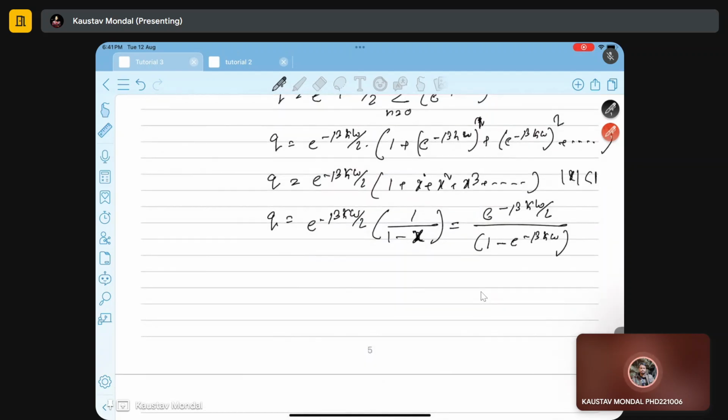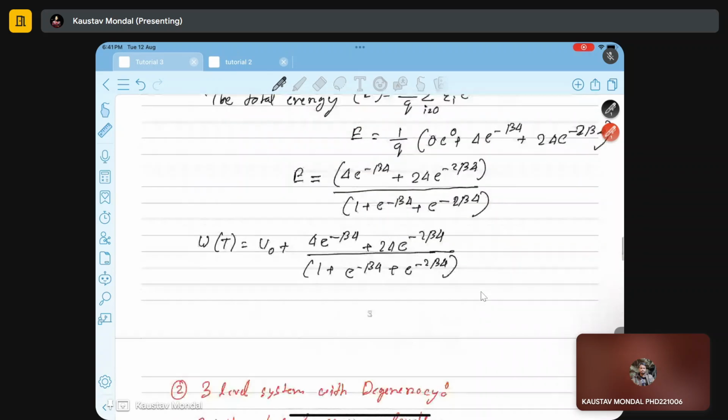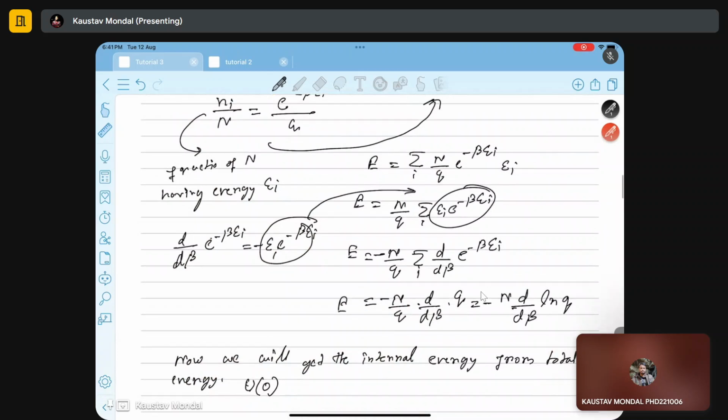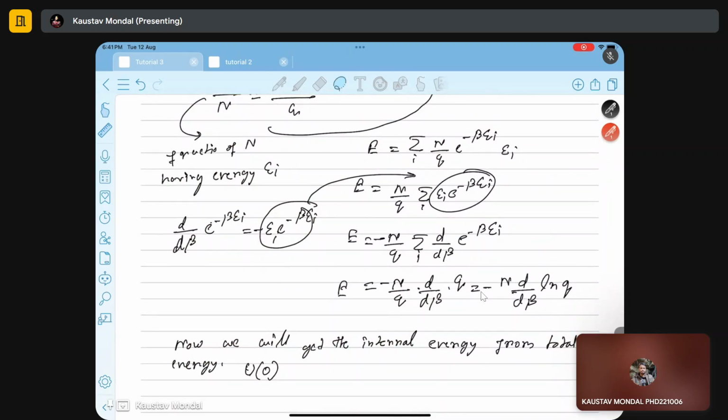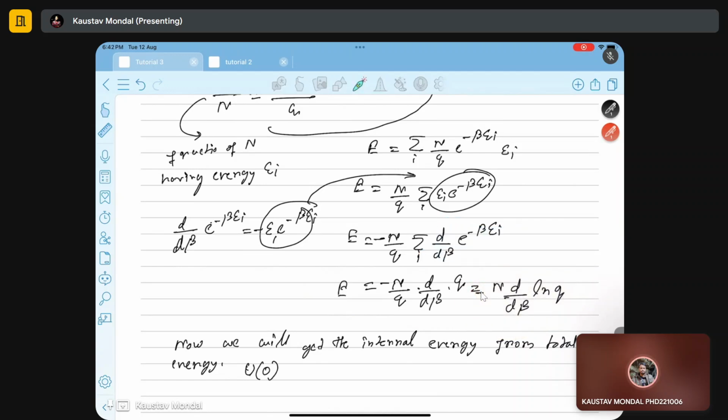As we got the partition function q in closed format, we can simply use the total energy expression which we previously derived in terms of a derivative with respect to beta. We have to compute ln q, and if you take the derivative with respect to beta, you get the total energy expression.